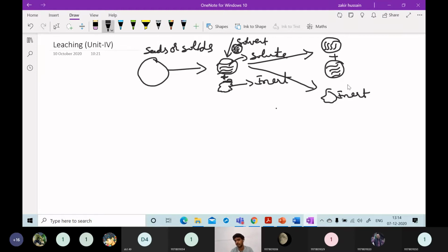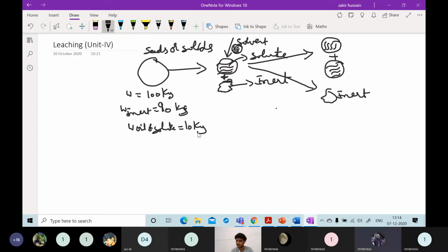If you see the material balance, the overall seeds weigh 100 kg. In this, the weight of inert is some 90 kg, and the weight of oil or solute is 10 kg.